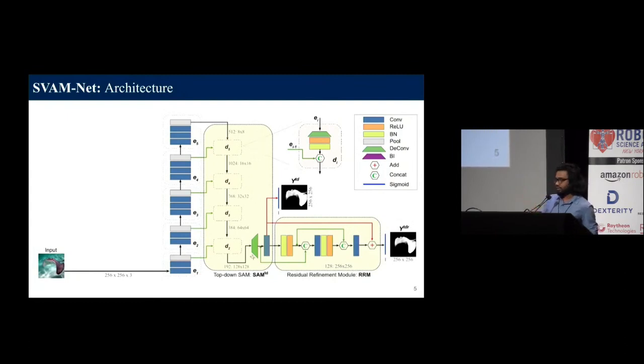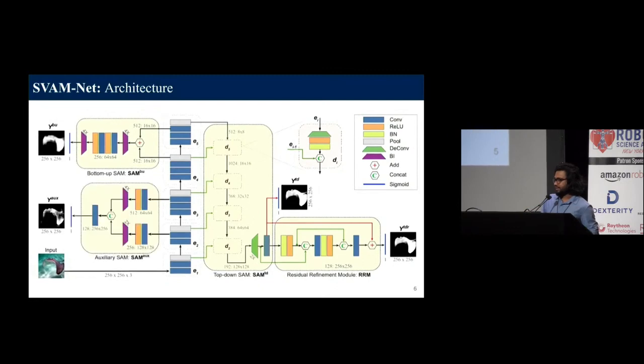This is the full model, but then we add 2 special attention modules, known as SAM, to refine the early encoder layers, and we apply independent loss functions to all these ends. The idea is to train the whole model together, and once the whole model is trained, we remove everything else, the decoders and refinement modules, and use one of the shallow encoder branches as a light model on embedded devices.